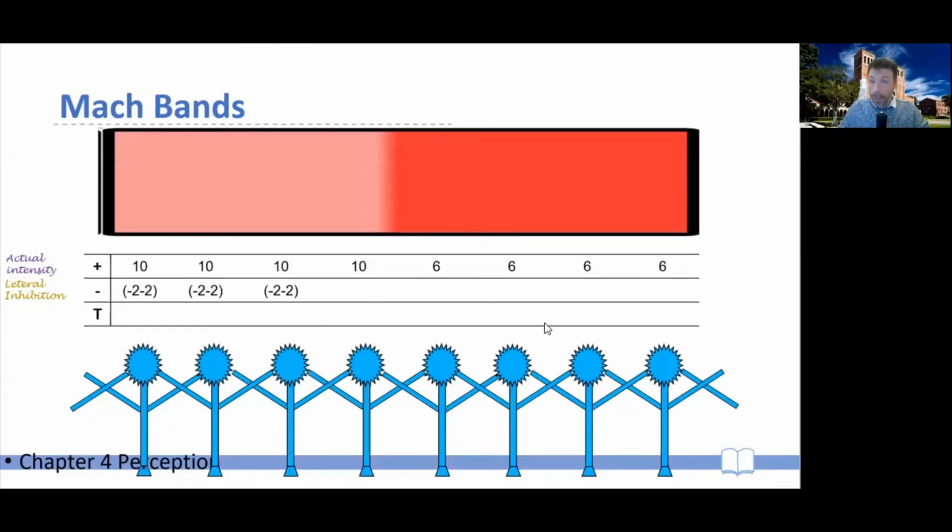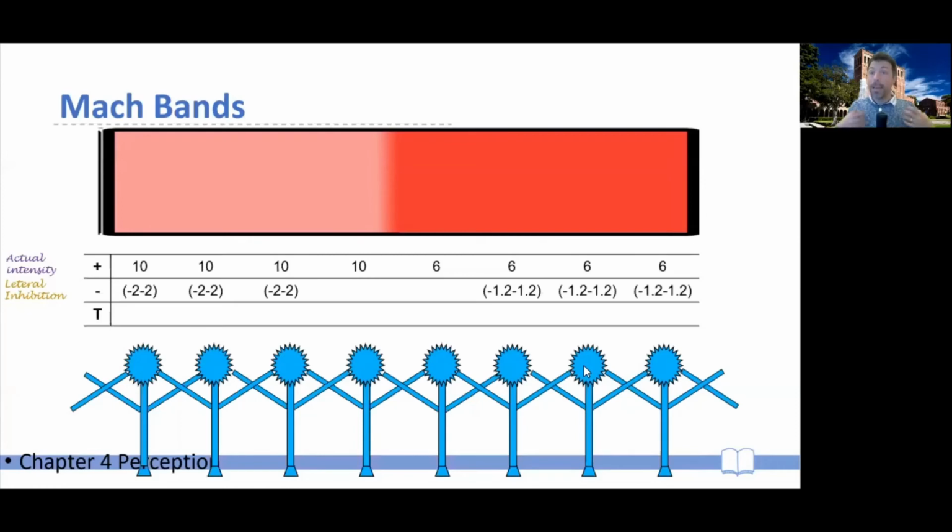If you go to the other side of the band and you look at this neuron here, it receives an excitation of 6, but it's getting inhibited 20% of 6 from this neuron and 20% of 6 from this neuron. In other words, this neuron here is receiving 6 in excitation from the outside, but it's also receiving -1.2 inhibition from the neuron to its right and -1.2 inhibition from the neuron to its left.